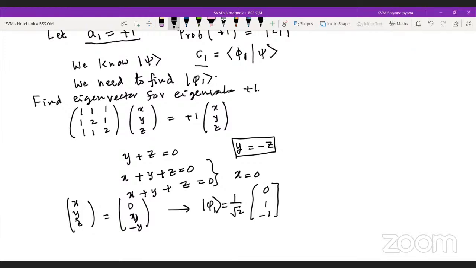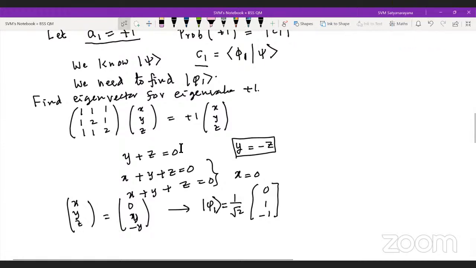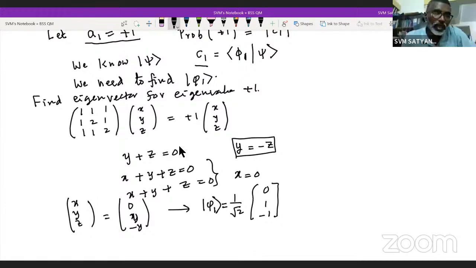Excuse me, sir. Sir, please one more time explain the find eigenvector for the eigenvalue plus 1. The matrix 1, 1, that means that is a matrix A, sir. Correct. So the A operator is acting on X, Y, Z, that means acting on the state. So I have some eigenvector, which should be some 3-dimensional vector, right?